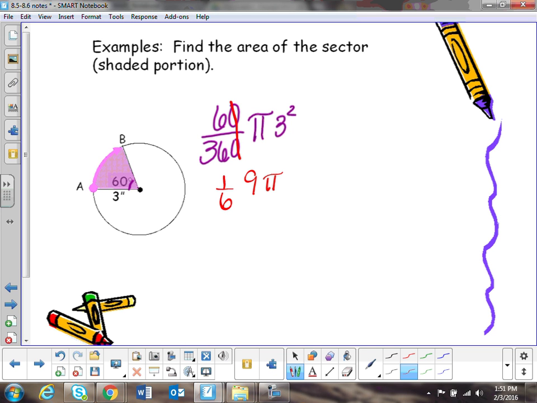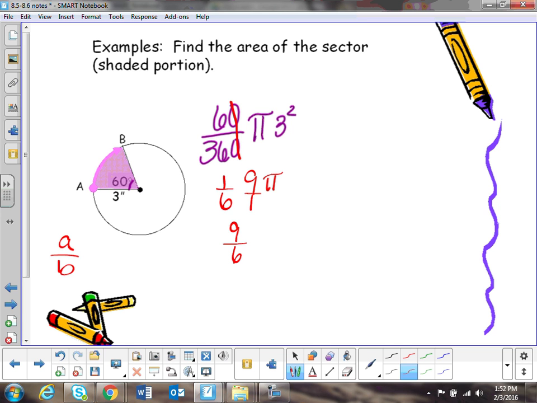Make it one fraction, yeah. 9 over 6. Okay? If you can't do that in your head, imagine this in fraction form. How do you multiply fractions? Just straight across. Those are the easiest ones.